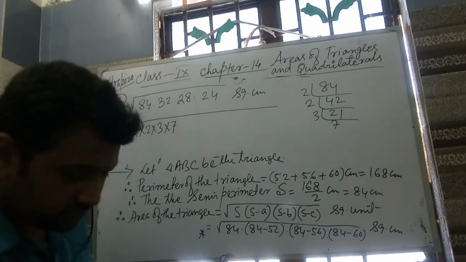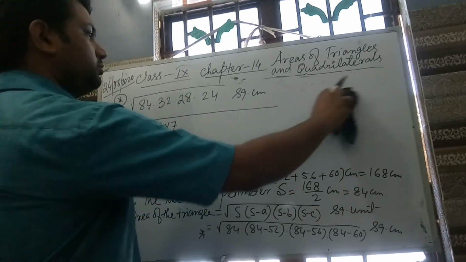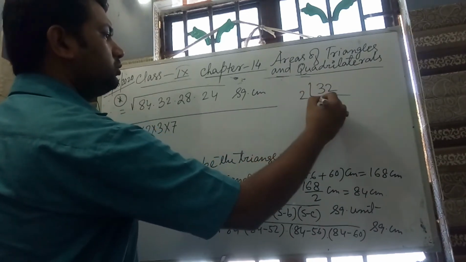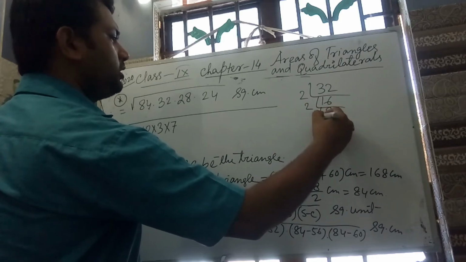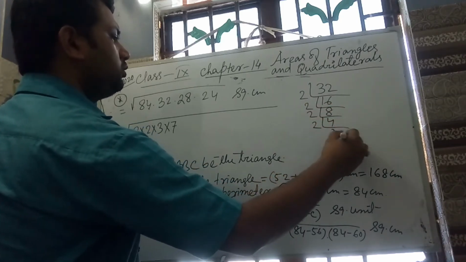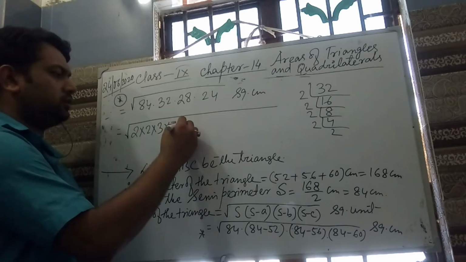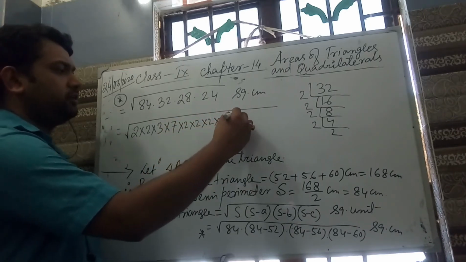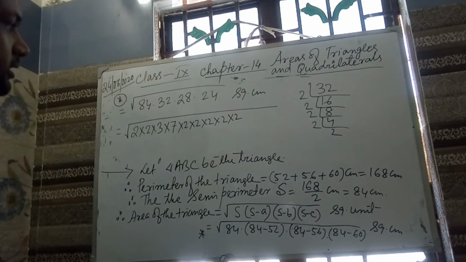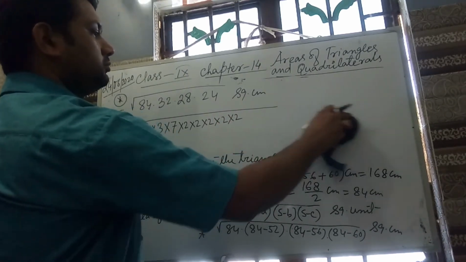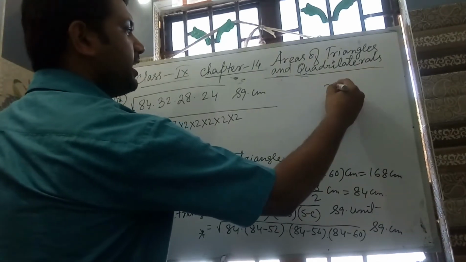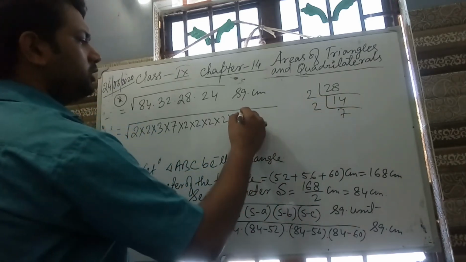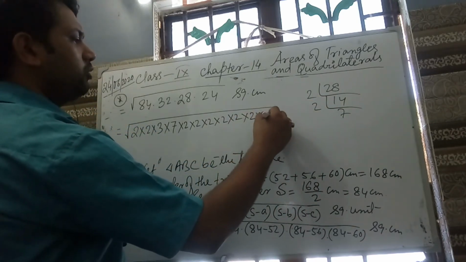Similarly, factorize 32. 32, if we factorize, 2, 16, 2, 8, 2, 4, 2, 2. So five 2s are there. Now 28. 2, 14, 2, 7. So two 2s and one 7.